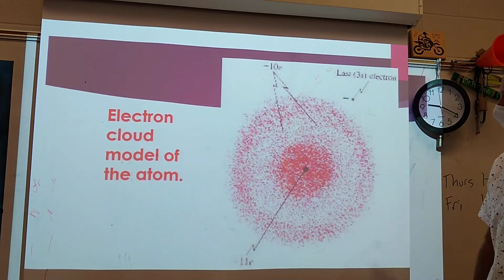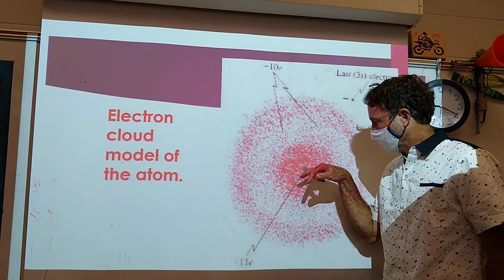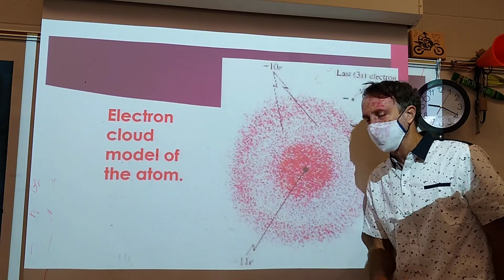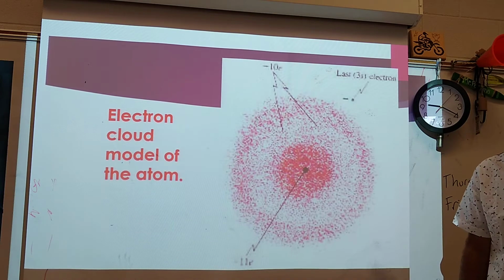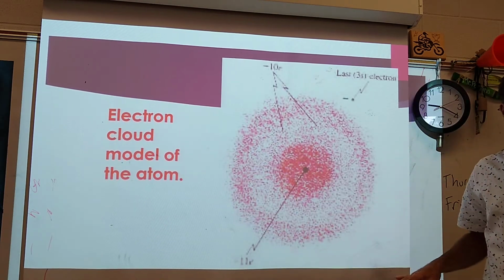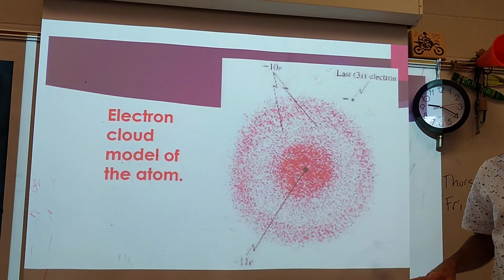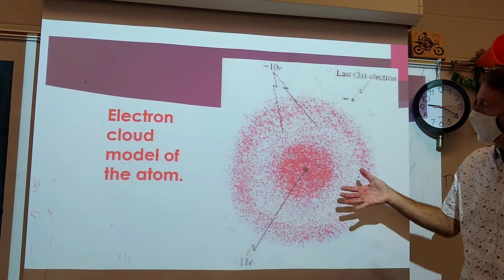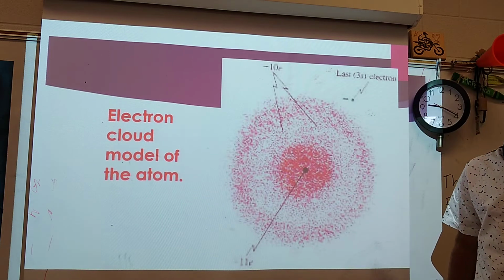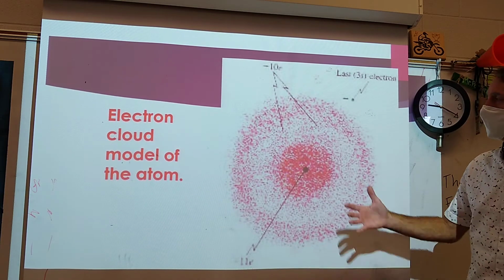Okay? Smaller than this in the middle, this is pointing to the area where the nucleus would be. And then these little red marks here are where electrons would appear over time.